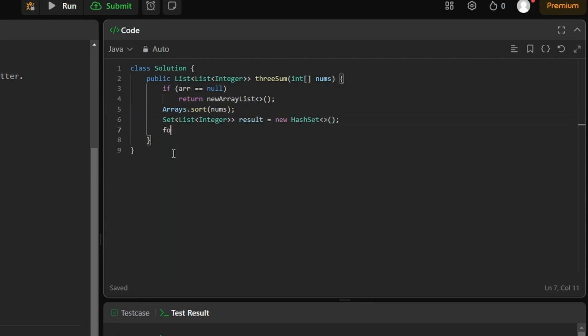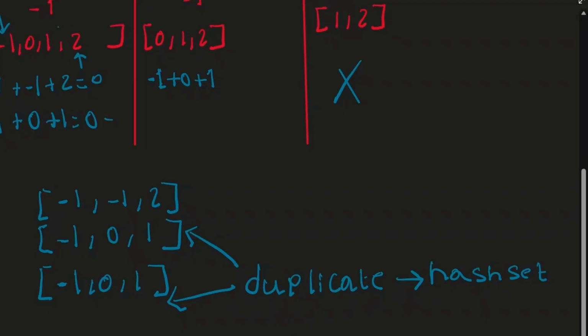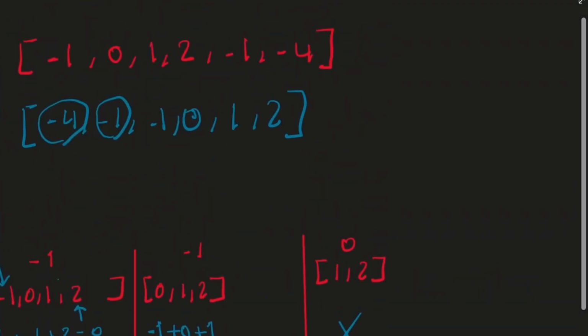So we're going to traverse the array, as we said. i less than nums.length minus 2, because we need at least 3 elements, so we can't go that far.